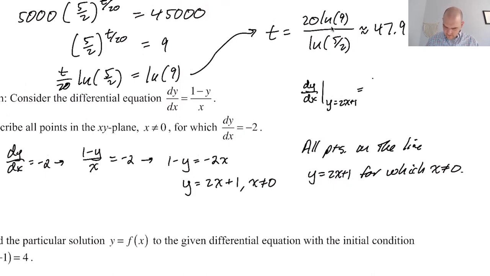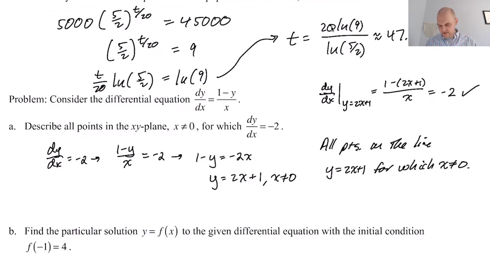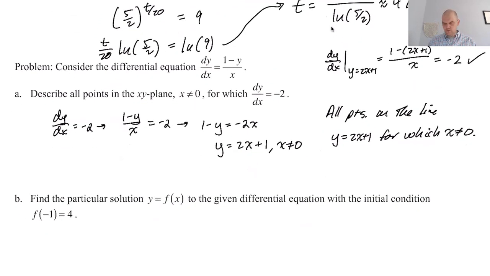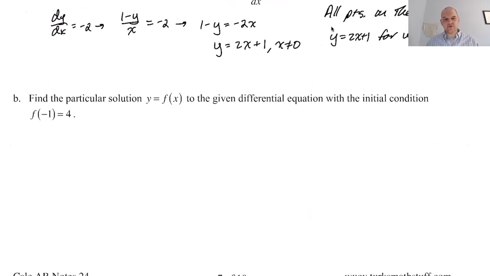I'm going to do 1 minus the quantity 2x plus 1, and then divide by x, which is equal to 1 minus 2x minus 1, so just -2x over x, which is -2. Check. So that definitely worked, which is good, because when I started down that path, I figured it should work, and it does. We also verified it, so good for us.